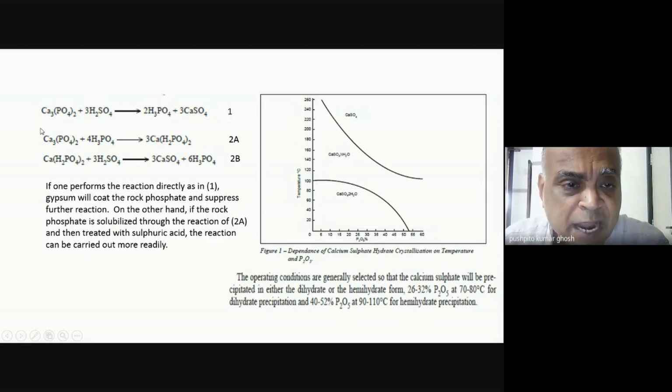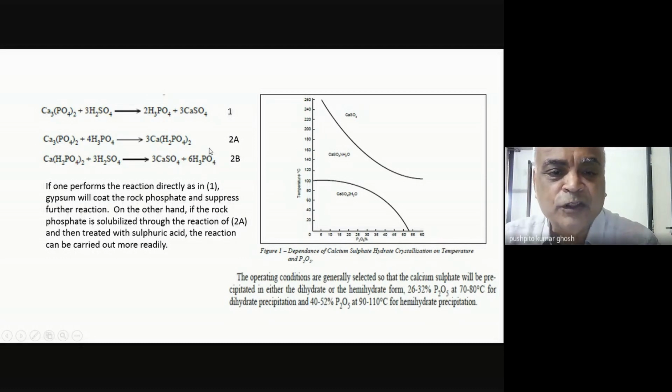So for that, what people have done is a very creative thing, where they react the calcium phosphate with phosphoric acid, and they make this free of any calcium sulfate. So there's no calcium sulfate being formed in this reaction. And this thing does not form any coating over the rock phosphate. So after it has formed this, then they add the sulfuric acid and effectively make the phosphoric acid.